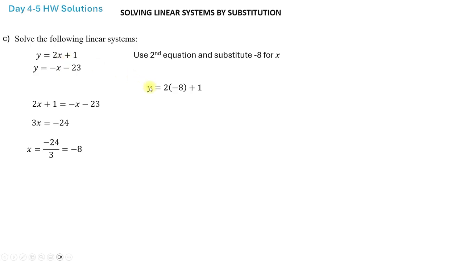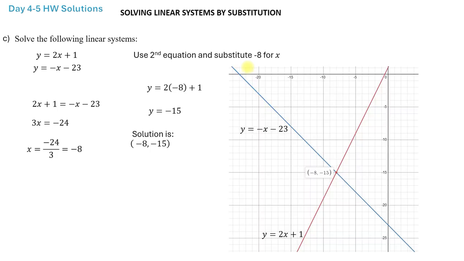I plugged in y equals 2 times negative 8 plus 1, giving me a value of negative 15 for y. I now have an x value of negative 8, a y value of negative 15. So there's my solution. And again, if I chose to graph these two equations, I could visually see that the lines intersect at the point negative 8, negative 15.